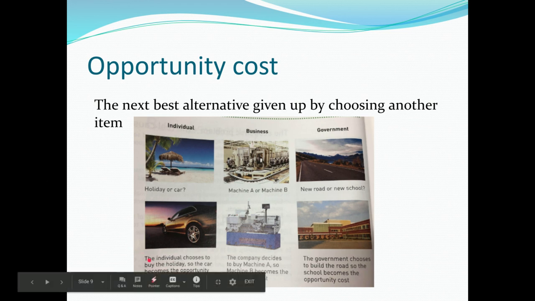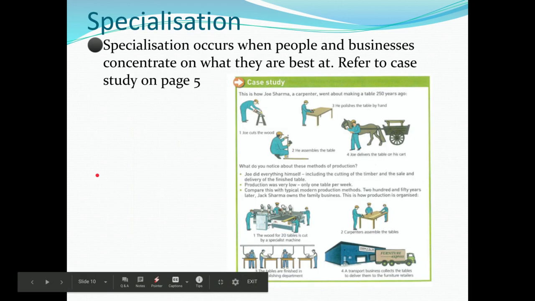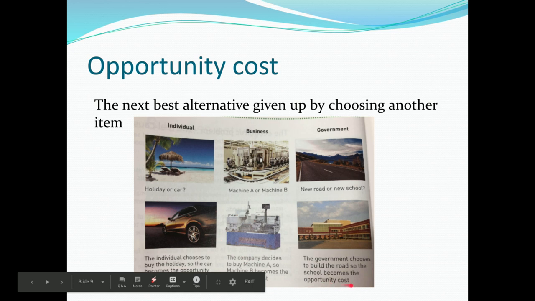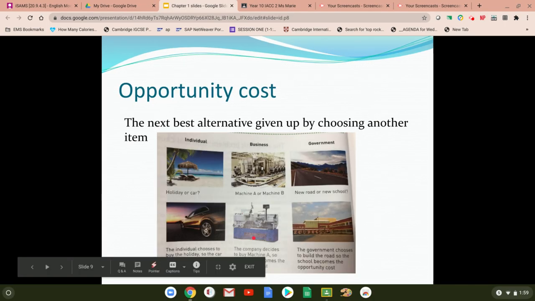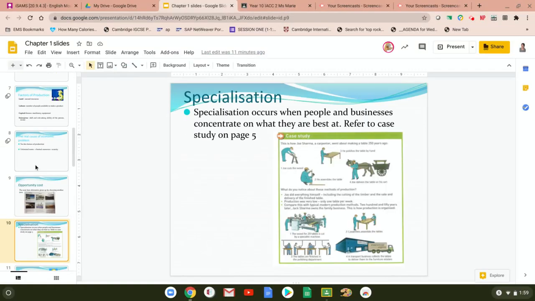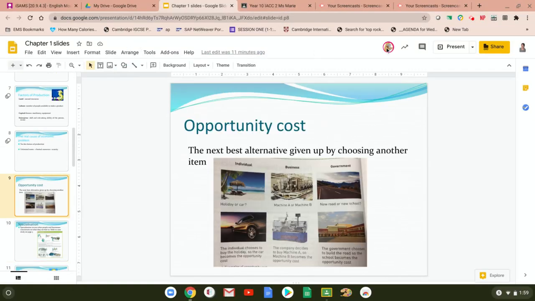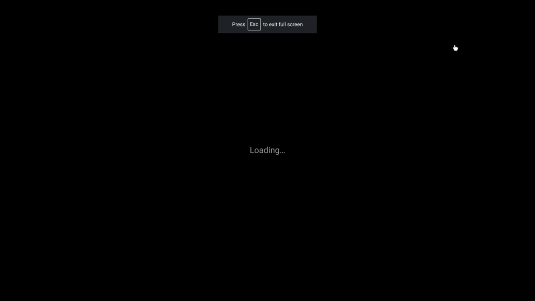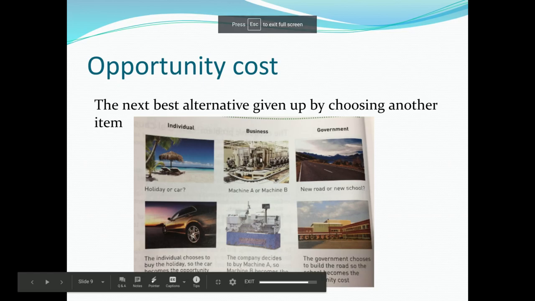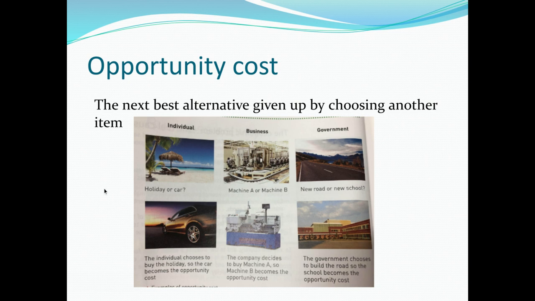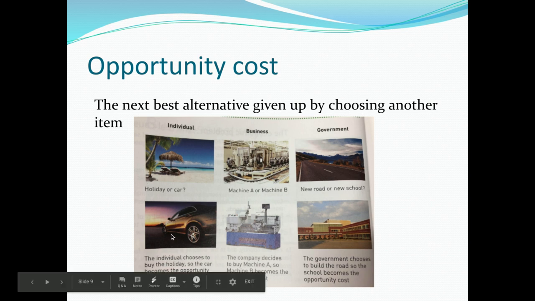So in here, if the individual chooses to buy the holiday, then the other one that was not chosen is your opportunity cost, which is the car.